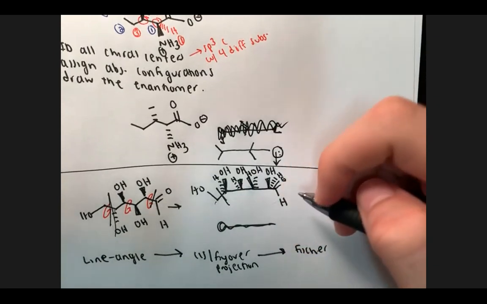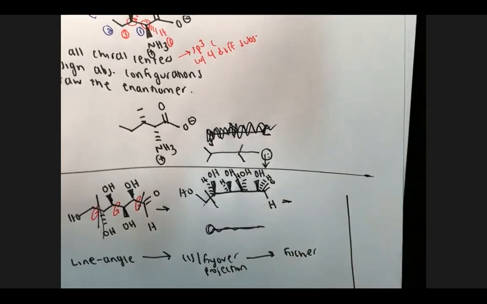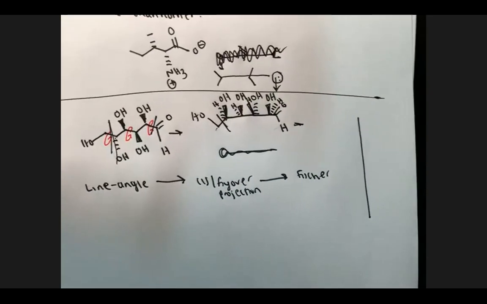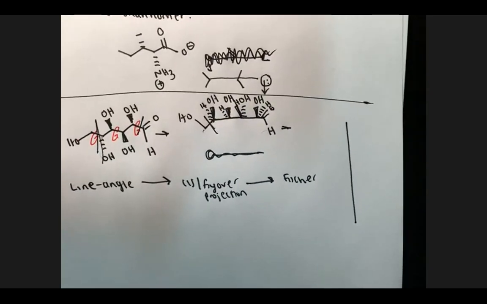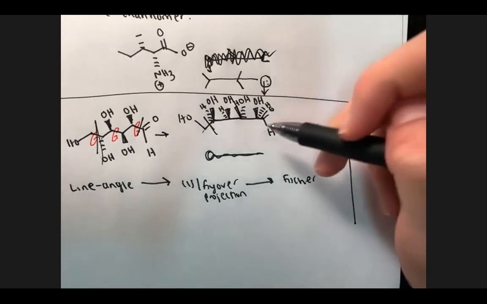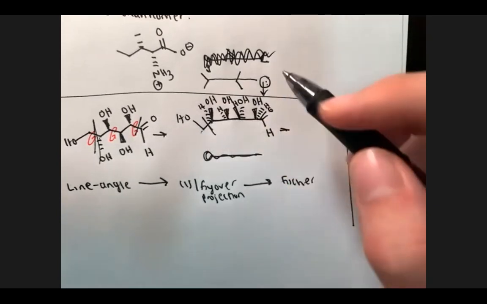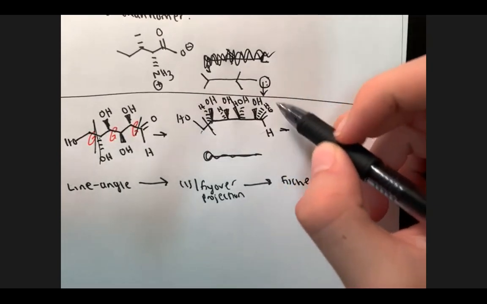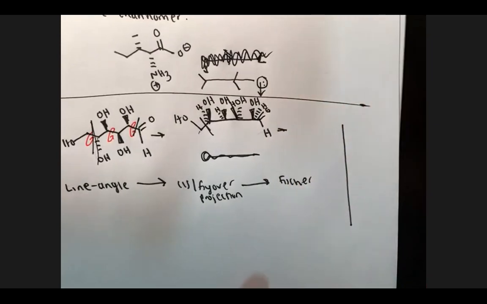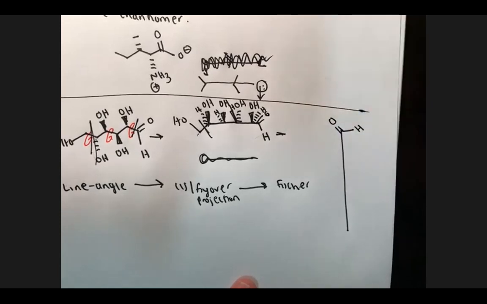So then from there, you go to the Fischer. You draw one vertical line. If you're confused, I'll get you on examples, so just bear with me. The thing that goes on top is the higher priority group, and the thing that goes on the bottom is the lower priority group. We already said that this aldehyde is the higher priority group, so you can either draw in that aldehyde the way that you see it, or abbreviate it.